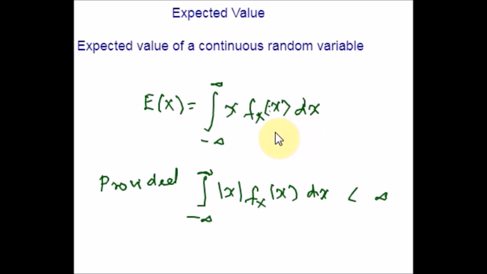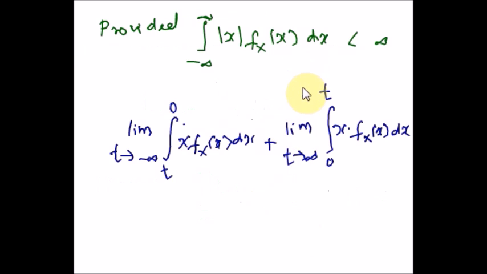Hope you are clear with this concept. This is the shorthand for the improper integral, and it is well defined only if both the limits are finite. Absolute integrability guarantees that the latter condition is met and the expected value is well defined.